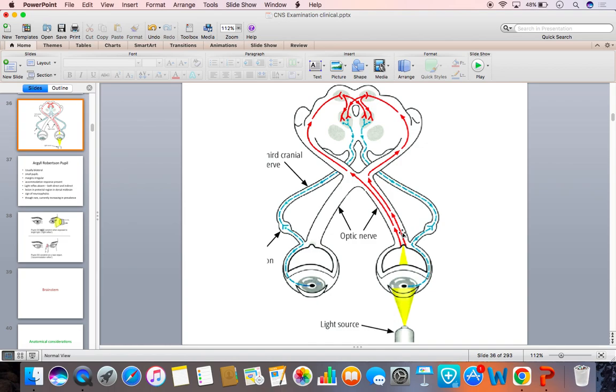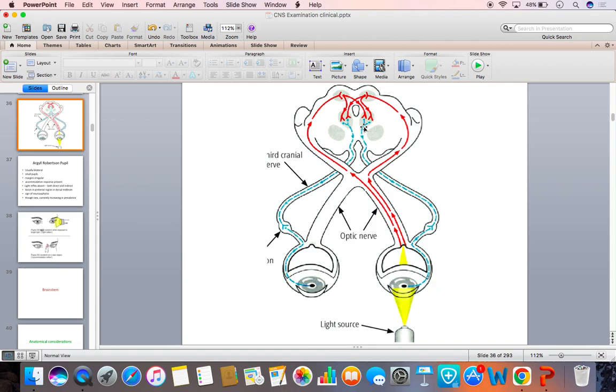No impulse is reaching the center, so the efferent is not activated. So that results in absence of direct reflex. Because the optic nerve is cut off, no impulse is reaching the center. Okay? So as such, there is no efferent stimulus to cause the pupillary constriction.